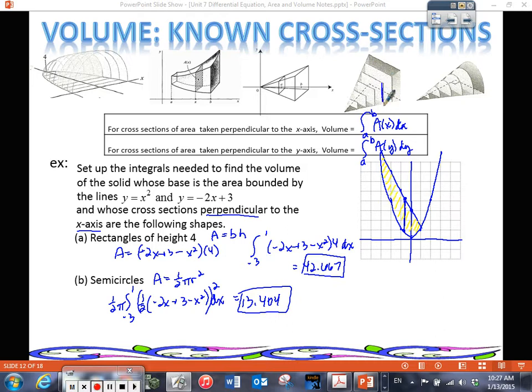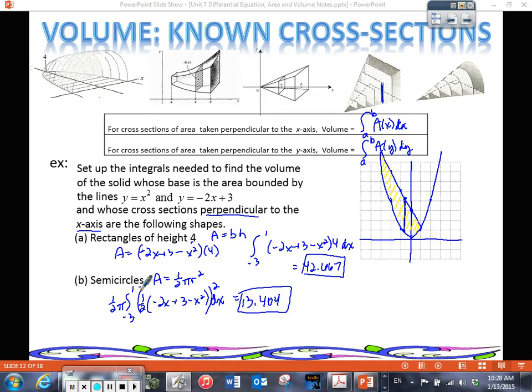This height right here? No, because with this one it is, because they're all height 4. But with this one, the semicircles are not going to be. If you recall the applet that we looked at, as the semicircle moved along the base, as the base grew wider, the semicircle grew higher, right?